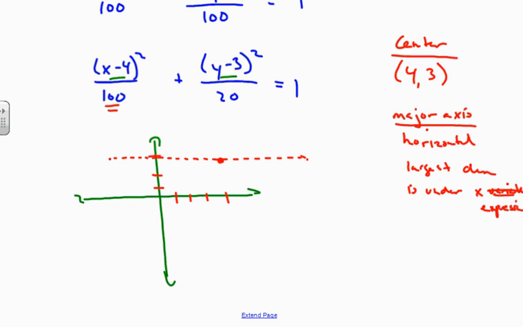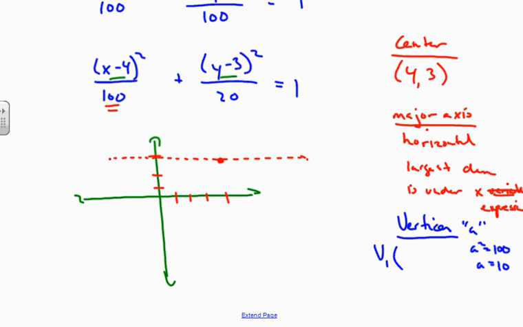And our A value is going to help us find the vertices. Because if you remember, the distance we want is A, since A is from the center to the vertices. So vertex 1: A squared equals 100, so A equals 10.